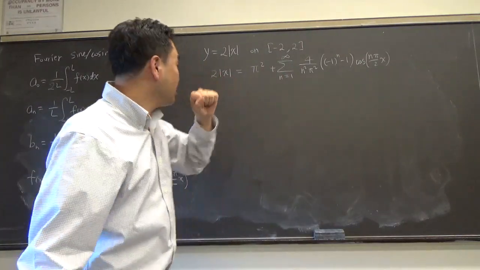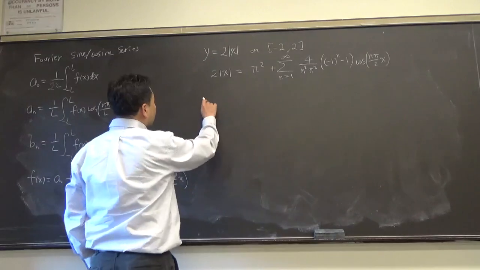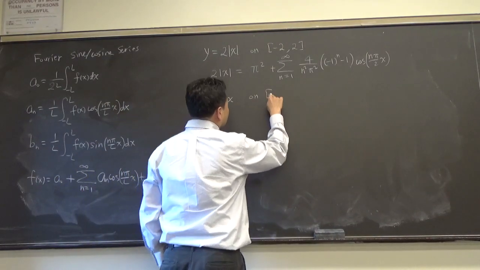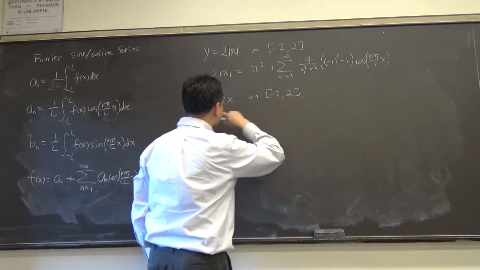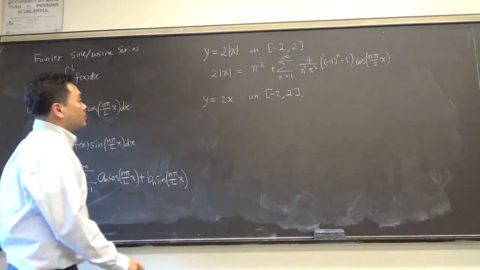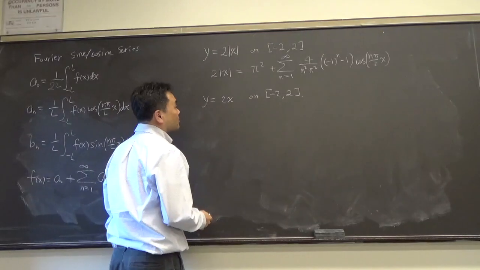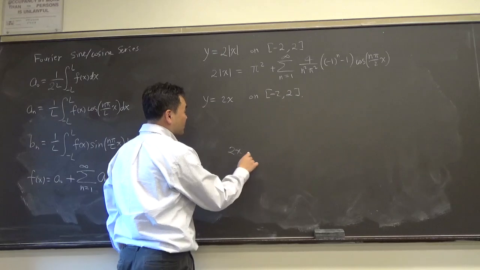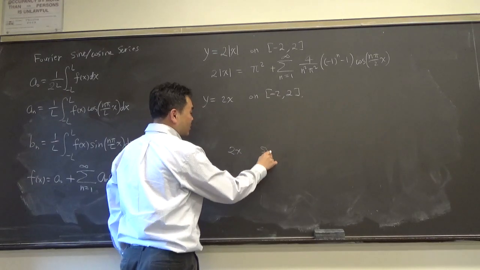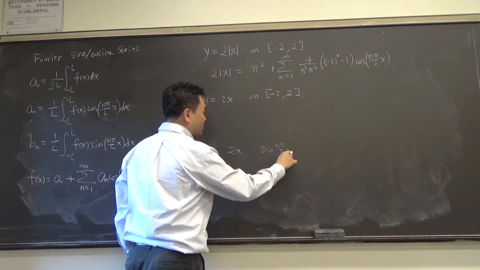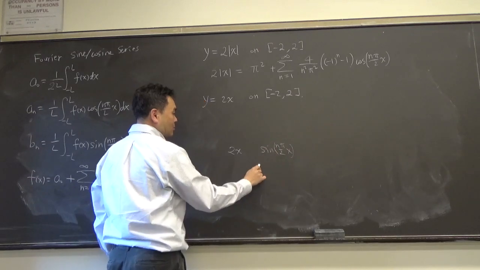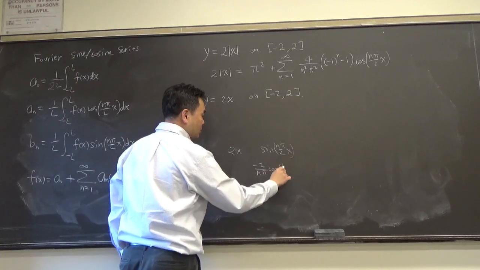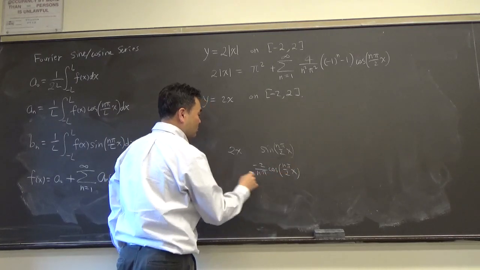On the other hand, if you had y equals 2x on negative 2 to 2, then this one I have to do it, I can't. Okay, let's see, 2x, and then I'll need the sine of it, n pi over 2x. 2 over n pi minus cosine n pi over 2x will be the integral.